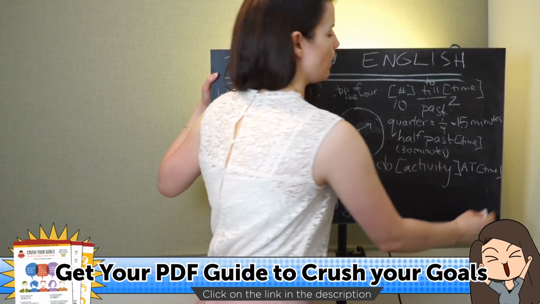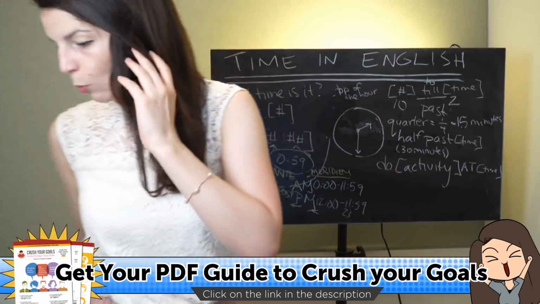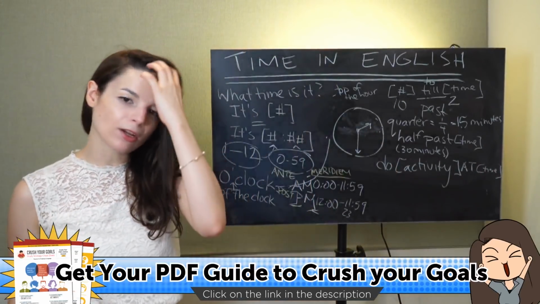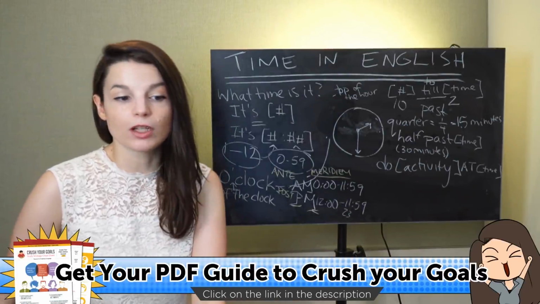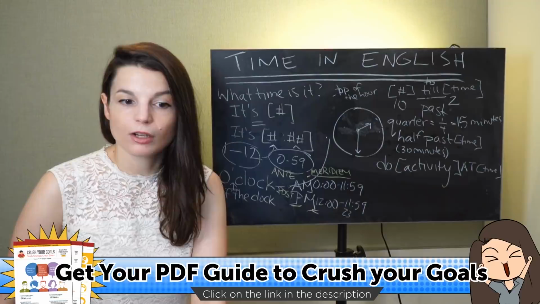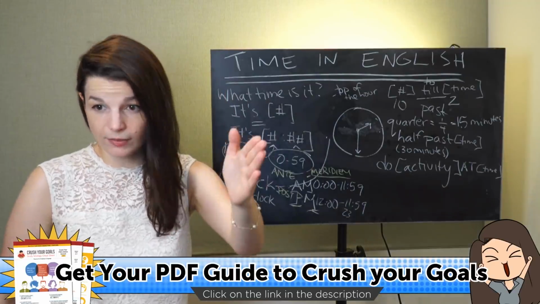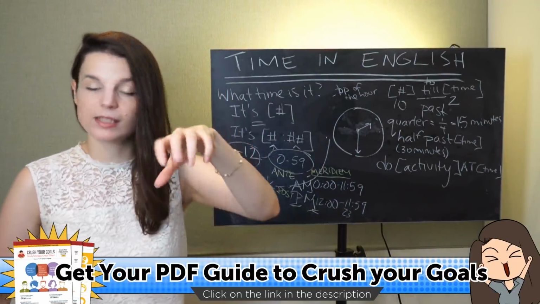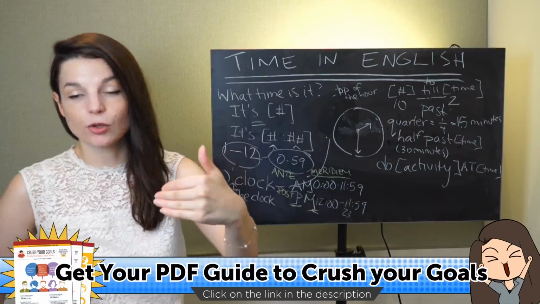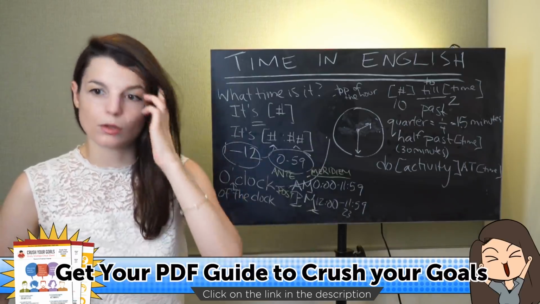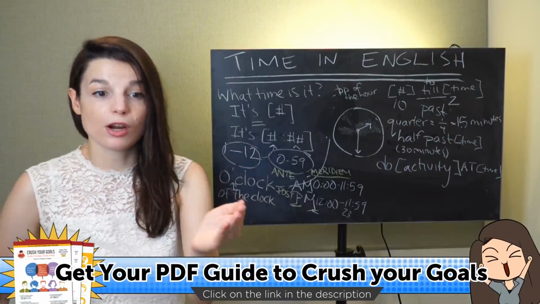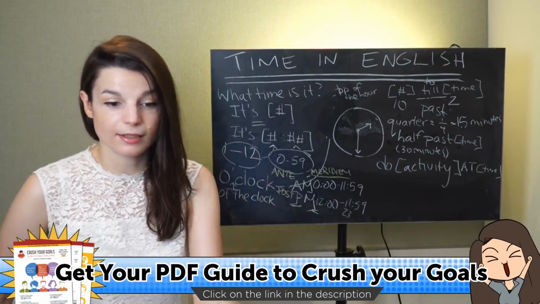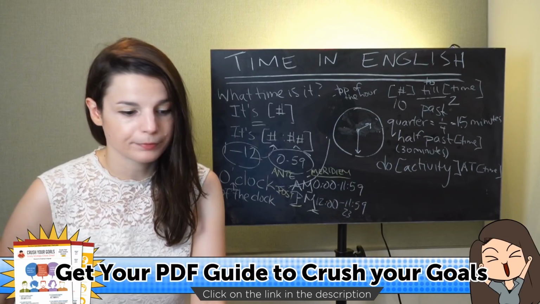For example, I wake up at 8, or I go to bed at 9, or I eat lunch at 12 o'clock. We use at for the time a specific time happens. It's like the specific point in a schedule something happens. So if you want to talk about the time an action occurs, you use at.